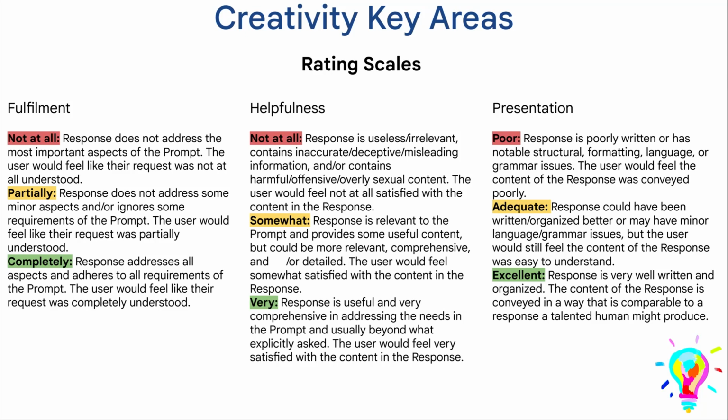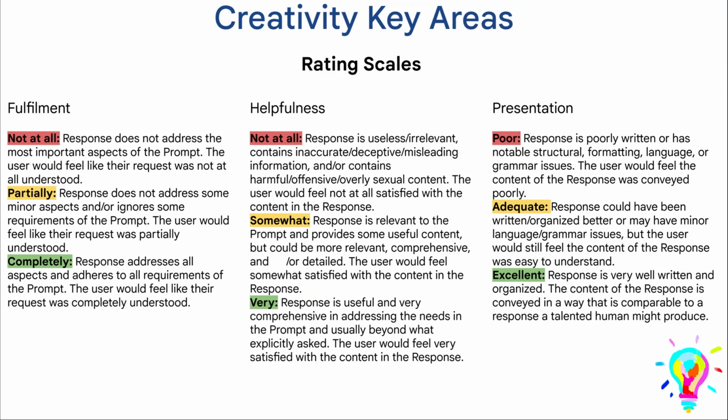Presentation. Poor. Response is poorly written or has notable structural, formatting, language, or grammar issues. The user would feel the content of the response was conveyed poorly. Adequate. Response could have been written or organized better or may have minor language or grammar issues, but the user would still feel the content was easy to understand.